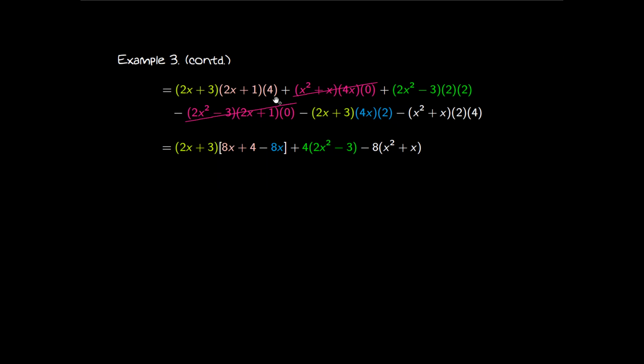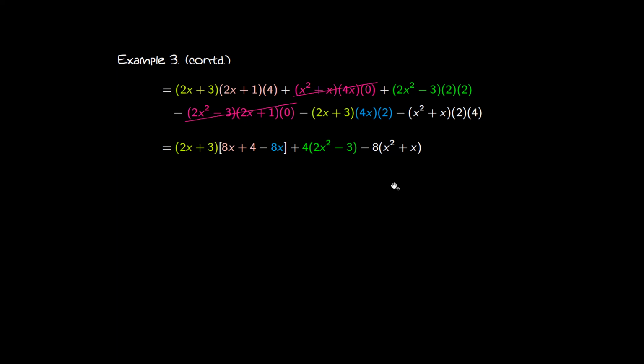The first term gives us 8x plus 4, and this term gives us 8x, so we can combine these 2. For the other 2 terms, we get 2 times 2, which is 4, times 2x squared minus 3, and for the last one, we get 2 times 4, which is 8, times x squared plus x.